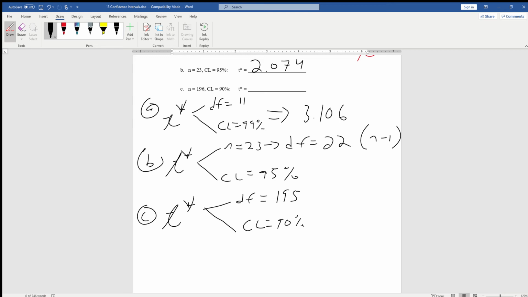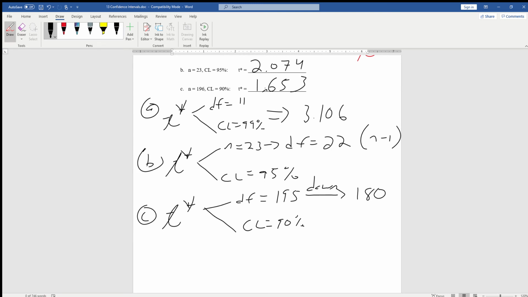Unfortunately, you either have 180 or 250. Remember, what you always want to do is round down. In this case, the closest value that's less than 195 is 180. So you go to 90%, go to 180, and I got 1.653.